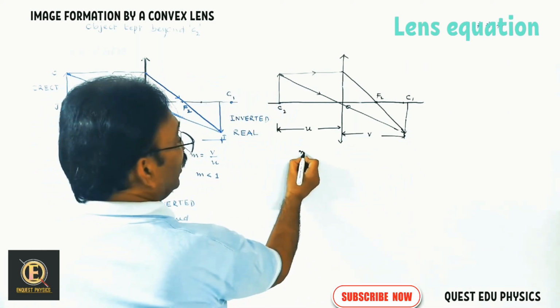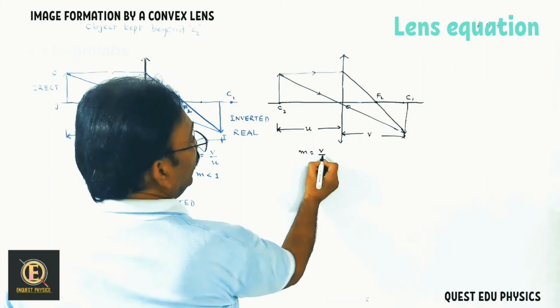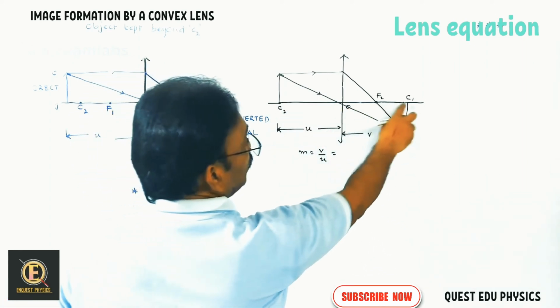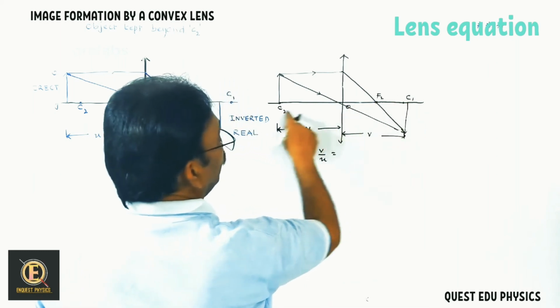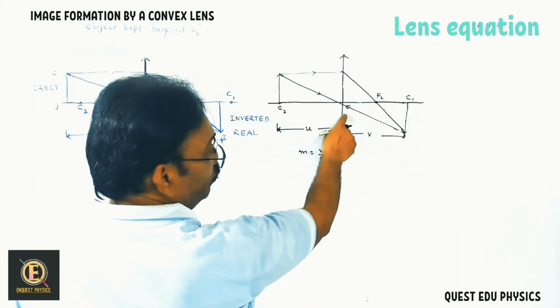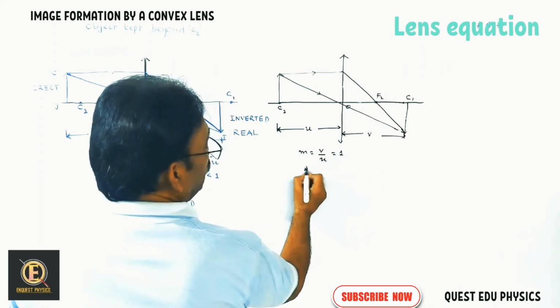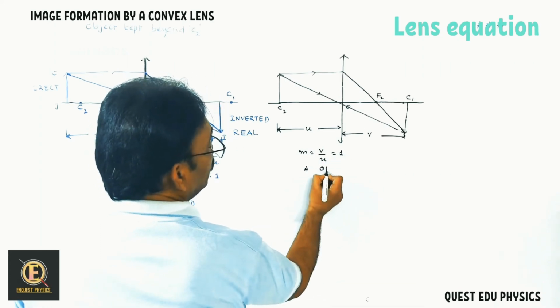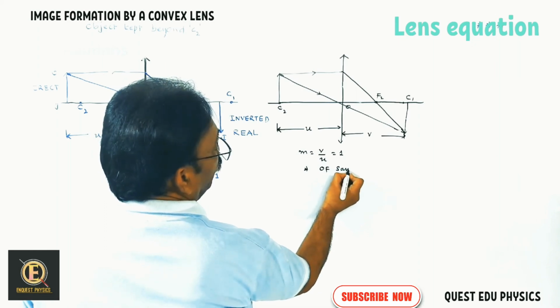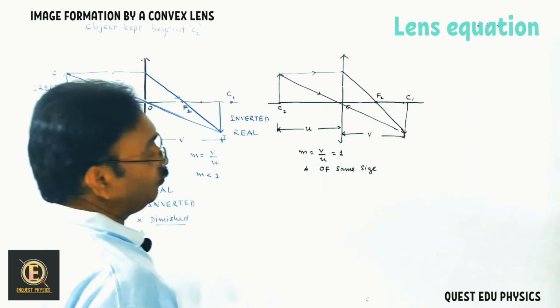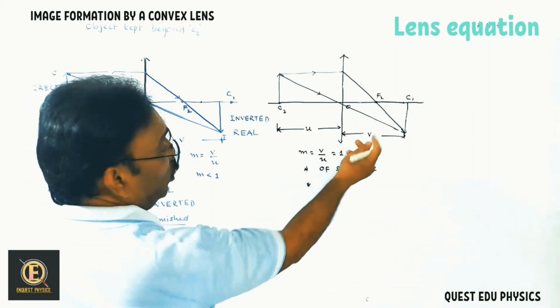And you know that magnification m is equal to v by u. Here, u is equal to v since the distances of the first center of curvature and second center of curvature are the same. Then m is equal to 1. Means what we will write? Of same size. There is no magnification.